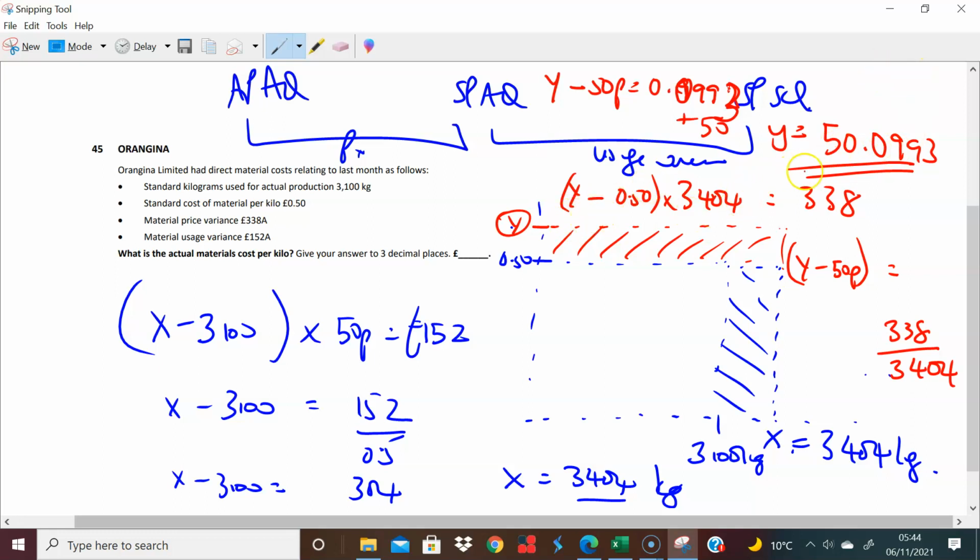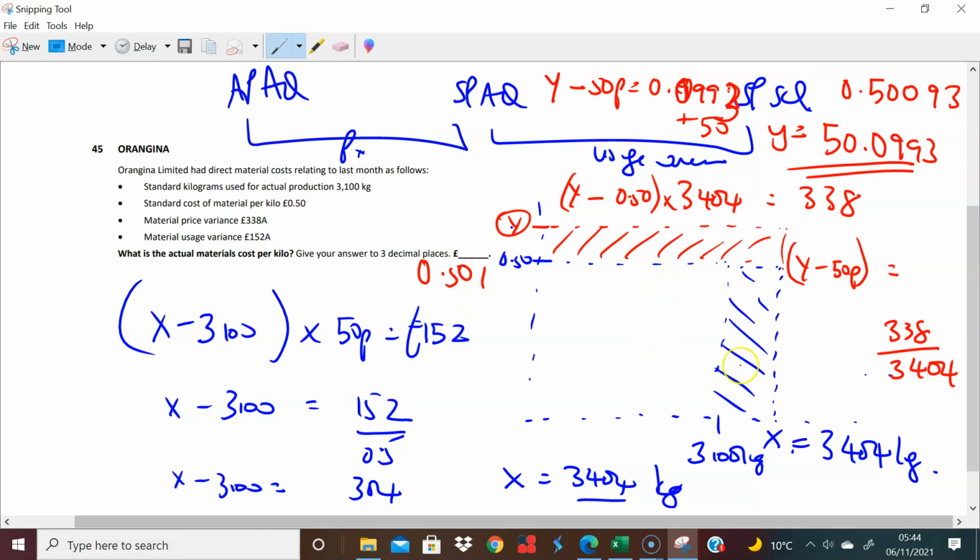Or 0.50093, so to 3 decimal places as this question wants, that becomes 0.501. Yes?